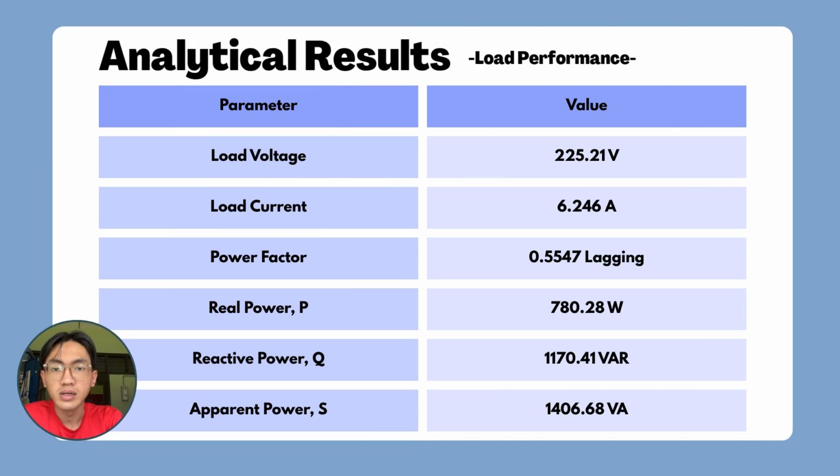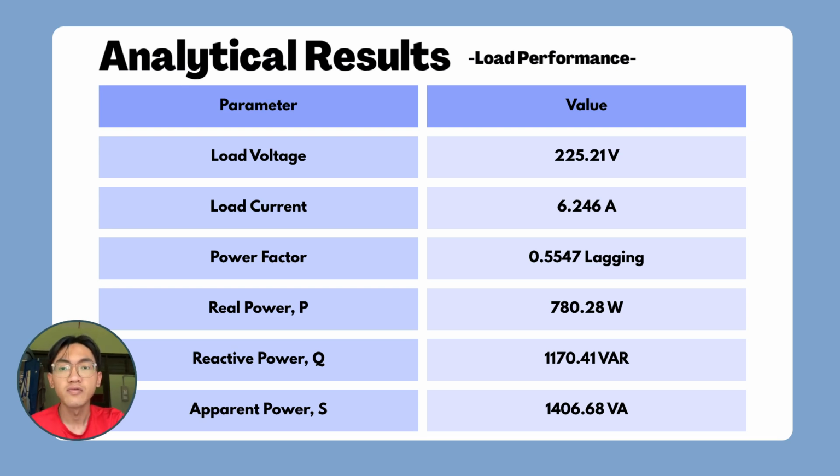Next, let's check the analytical results for the load performance. Using our new simple circuit, we found that the load voltage is 225.21 volts and the load current is 6.246 amperes. The power factor is 0.5547 lagging, which proves that the load is inductive.